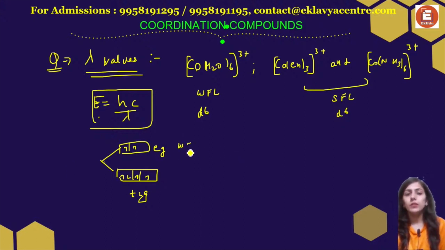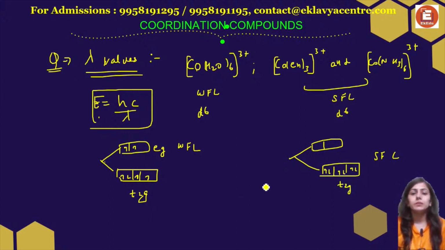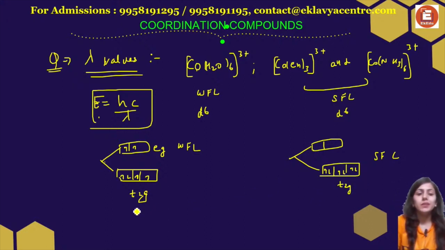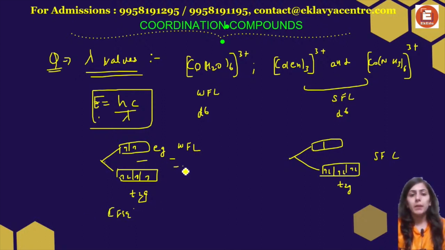And for strong field ligand, it will be 1, 2, 3 because pairing occurs. If I calculate the CFSE value, this is minus 0.4 delta and plus 0.6 delta.